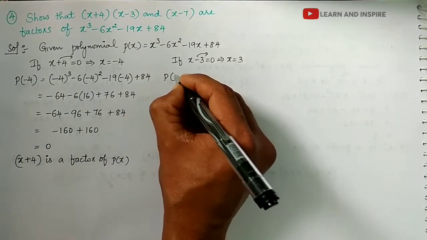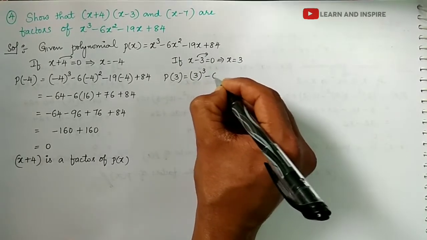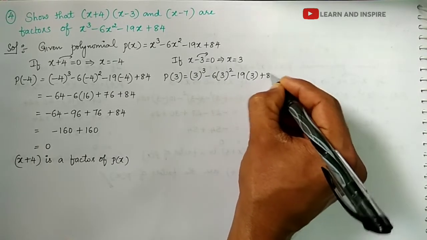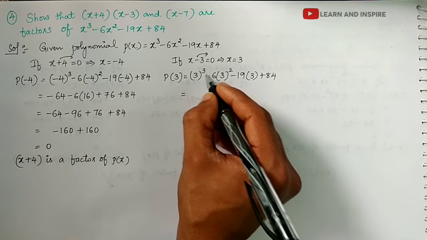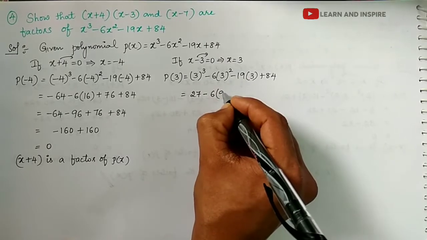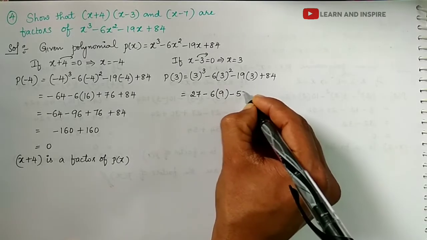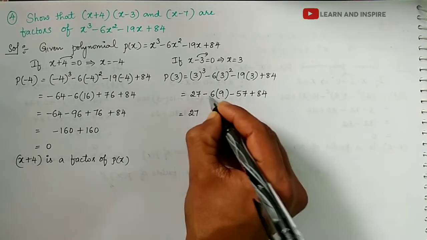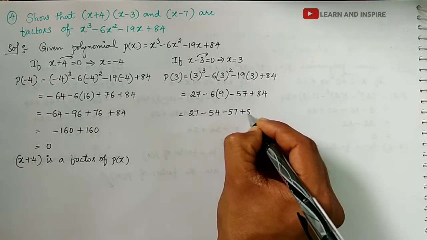So we substitute p of 3 equals, in place of x we substitute 3. 3 cube minus 6 into 3 square minus 19 into 3 plus 84 equals 3 cube. 3 is multiplied 3 times, 3 into 3, 9. 9 3s are 27, minus 6 into 3 square is 9. 3 3s are 9, minus 19 3s are 57 plus 84 equals 27 minus 6 9s are 54 minus 57 plus 84.